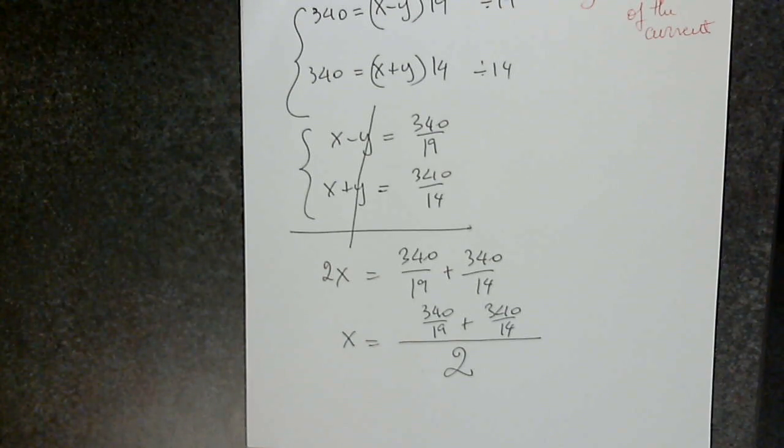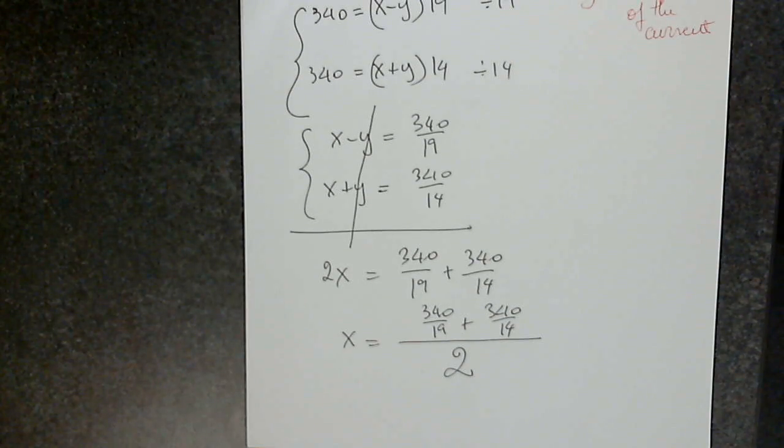Let's put it in the graphing calculator. Okay. So the top, 340 divided by 19, plus 340 divided by 14.